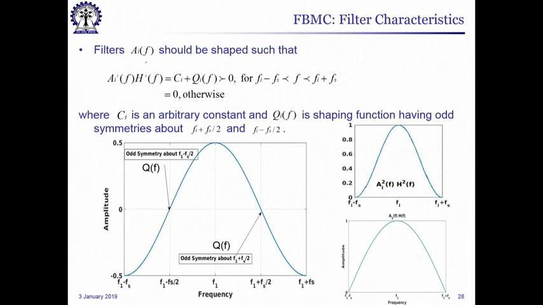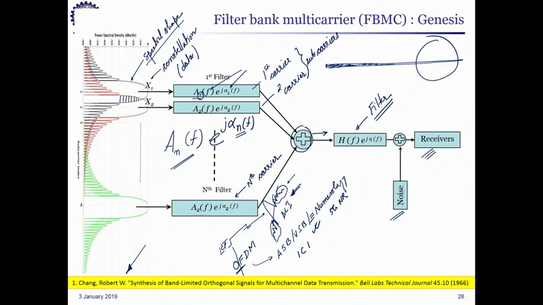So, Ai(f) is the amplitude response of the filter, right. The i indicates the ith filter.